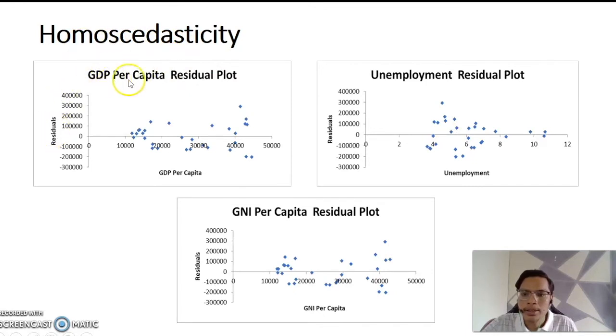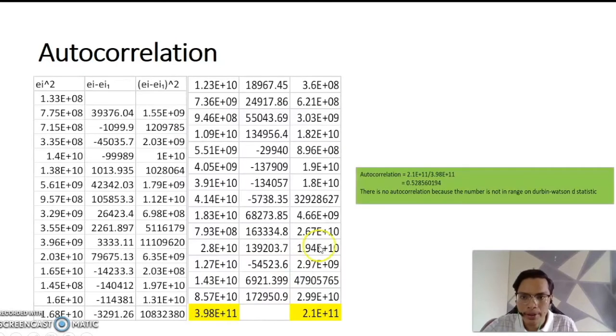The GDP per capita residual plot appears homoscedastic. Unemployment is heteroscedastic because the shape is like this, and the last one, the GNI per capita residual plot, is homoscedastic.